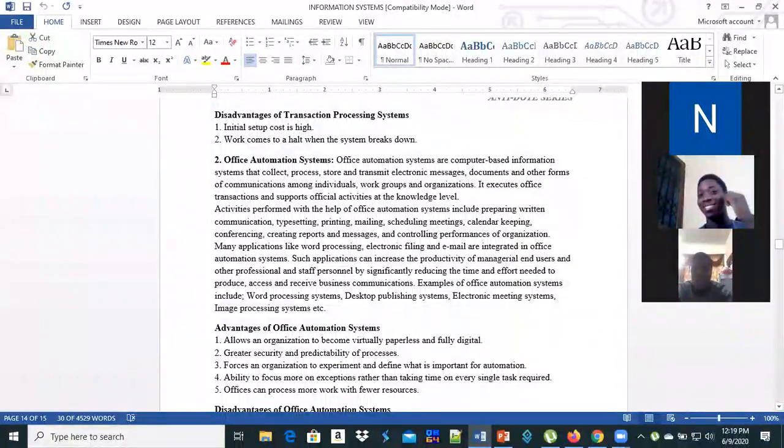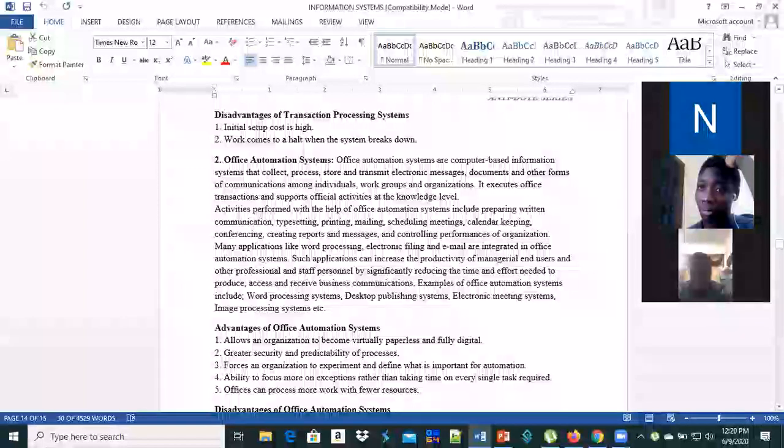Automation system helps in doing office work like document preparation and checking of information. Okay, Victor, I see your hand up. Yeah, office automation system. There are systems that manage office documents.